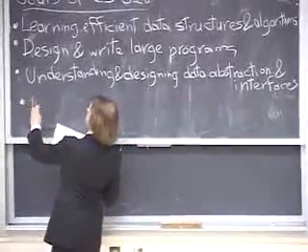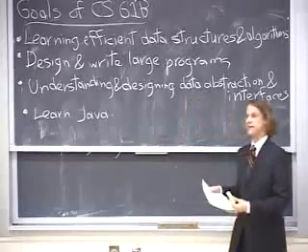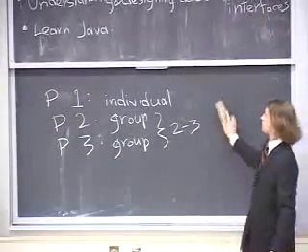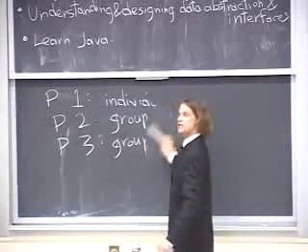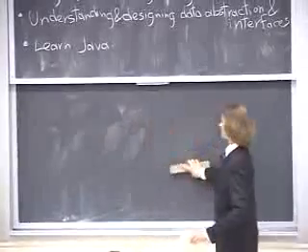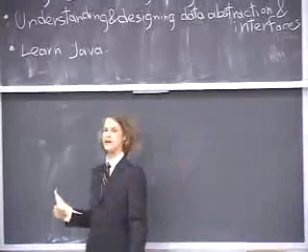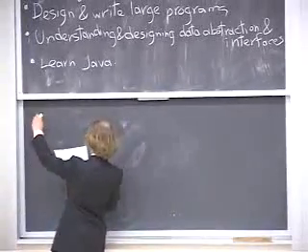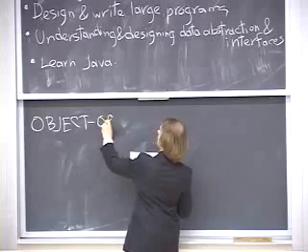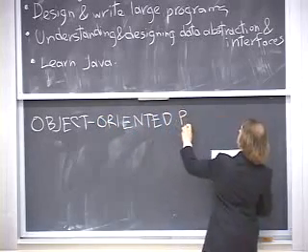You'll also learn Java, which is handy. Not only is it used a lot in industry, but it's a good language for learning data structures in, because I find that compared to languages like C, it only takes half as long to debug your program and get it working. It catches a lot of errors for you. I want to introduce you to the language of object-oriented programming.